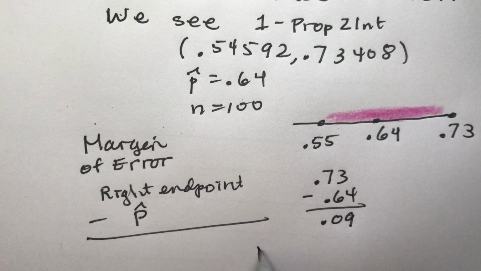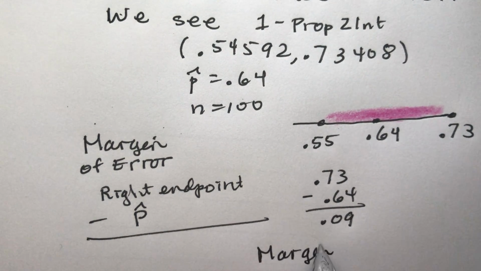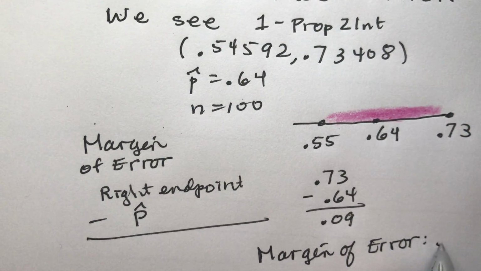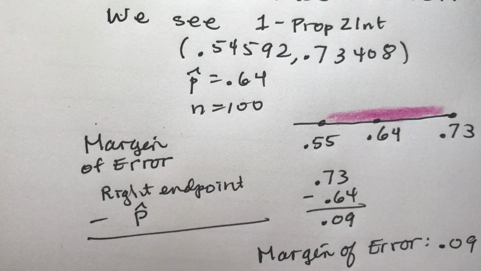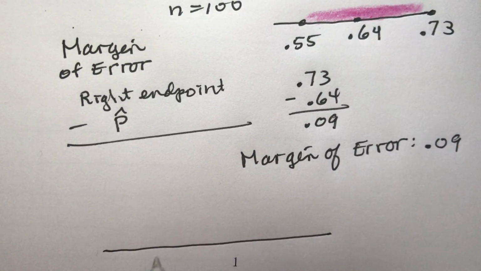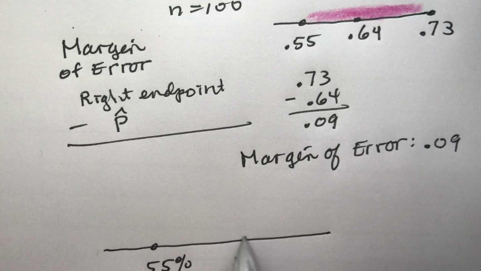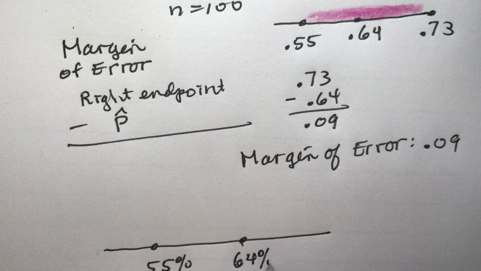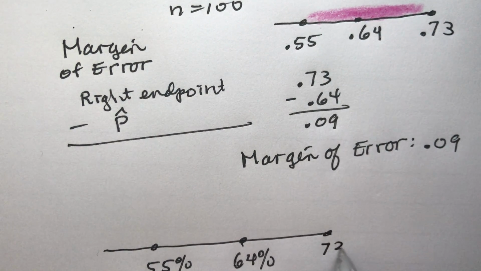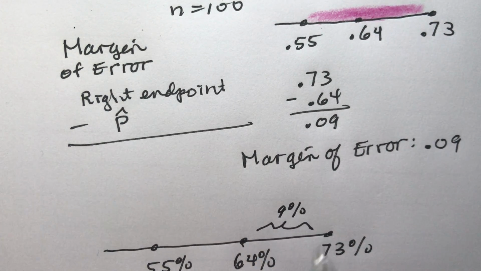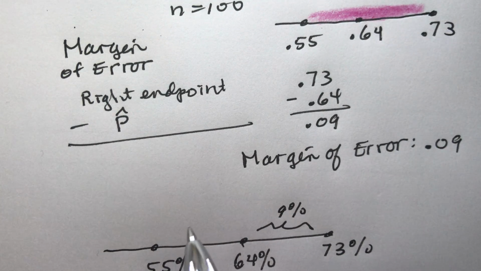So our margin of error is 0.09. Now, it might be more comfortable for some people to put these all in percents. So here we have 55%, 64%, 73%, and then our margin of error is 9%. Okay, so that's our confidence interval.